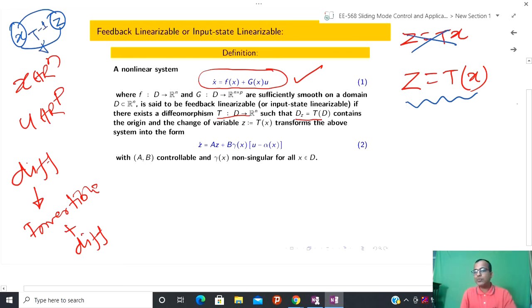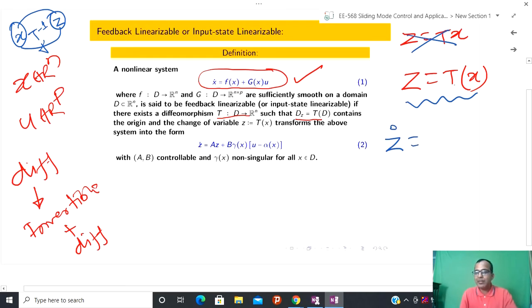But once you define z equal to T(x), you have to make sure that it is also differentiable. Otherwise, you are not able to express your system completely in terms of z. Try to see here, because finally x is differentiable, I am assuming that z is differentiable.